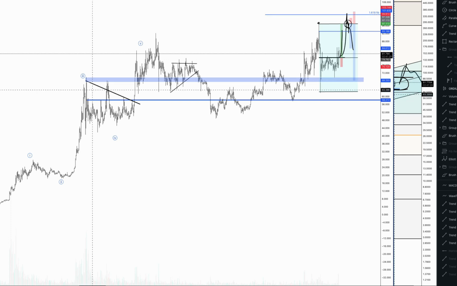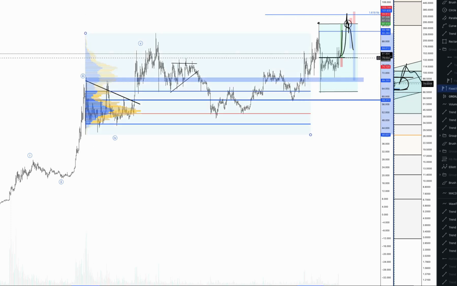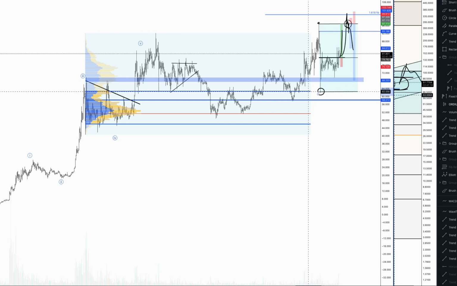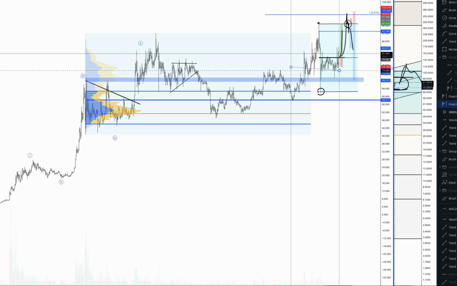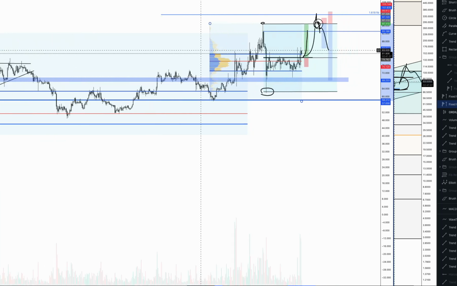Fixed range volume profile all along here. Let's see what it gives us. So we got that. That makes sense. Tap that. Now, do we have more than that? Let's just go across here.